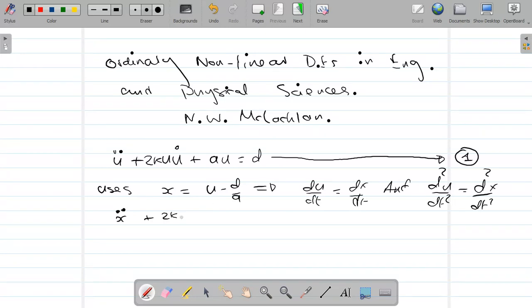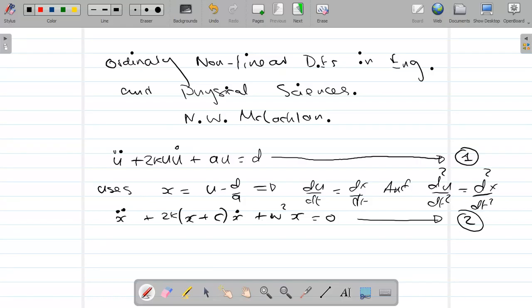So we've got x double dot plus 2 kappa, x plus, well, in the book he says C, but I think it's actually a D over A, but we'll just keep it as a C for now because that's what he has, times x dot plus omega squared x equal to 0. So we call that equation 2.